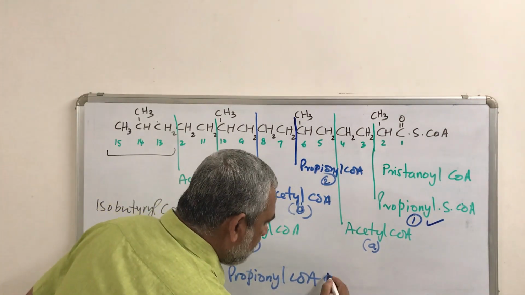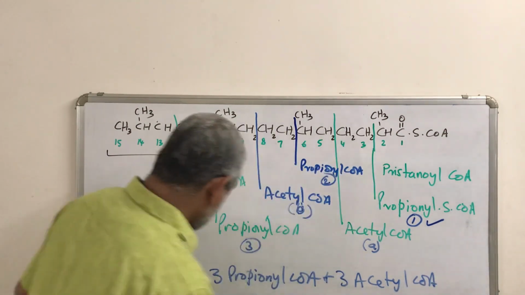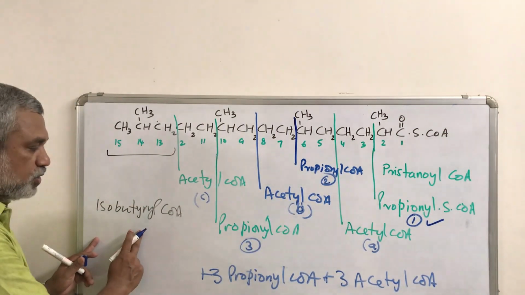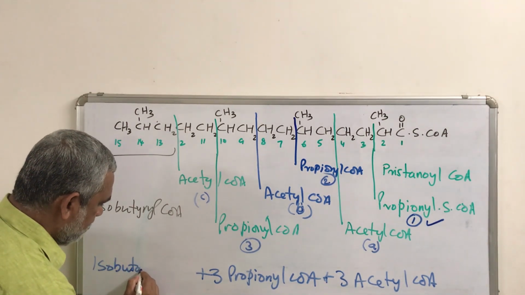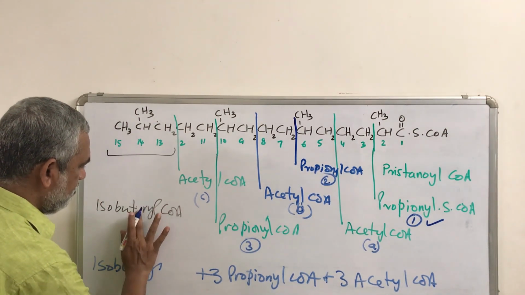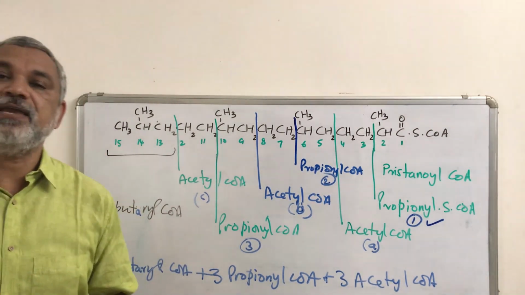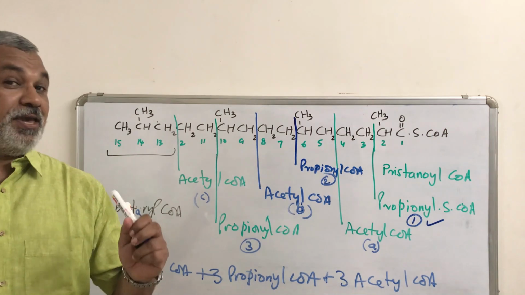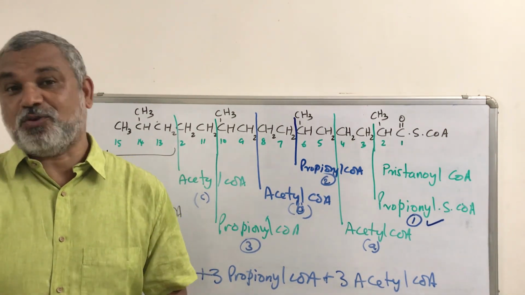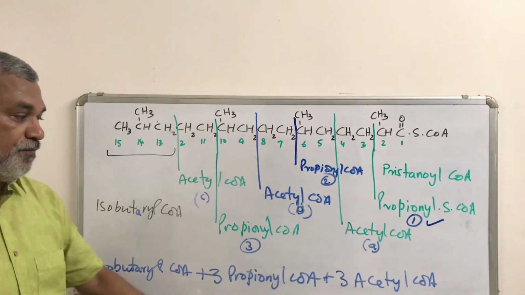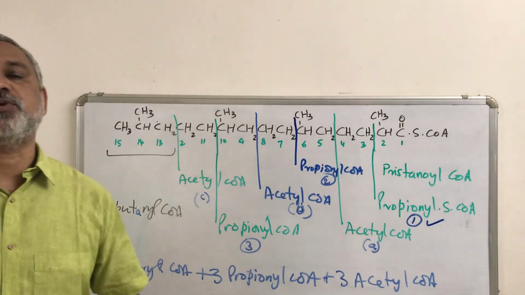So 3 propionyl-CoA plus 3 acetyl-CoA plus 1 isobutyryl-CoA. This is the final summary of the alpha oxidation of phytol or phytanic acid. So we get 3 acetyl-CoA, 3 propionyl-CoA, and isobutyryl-CoA.